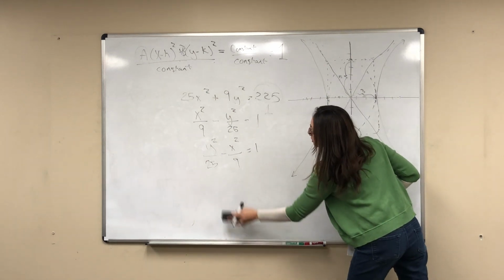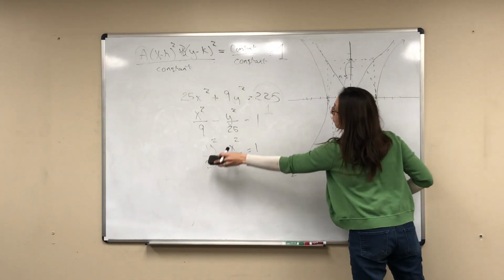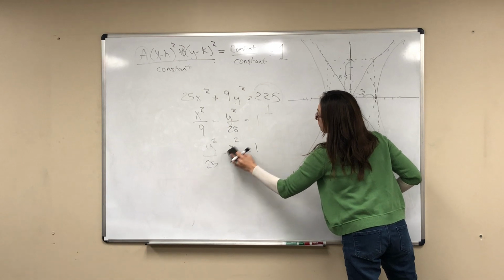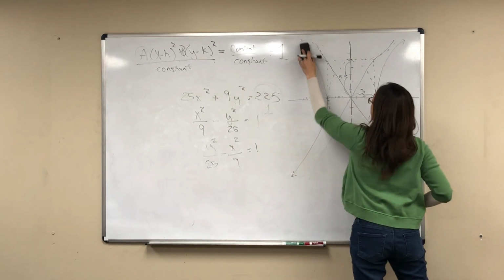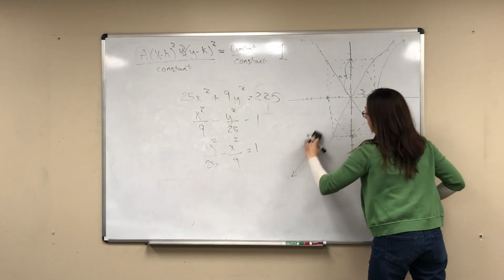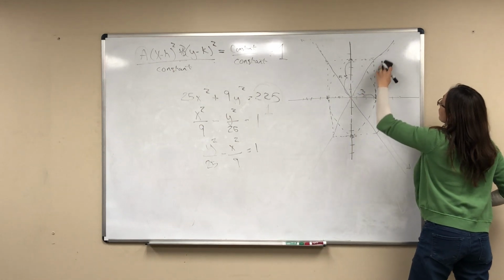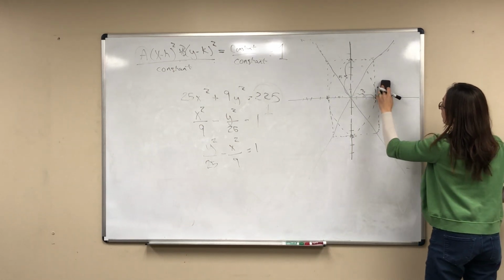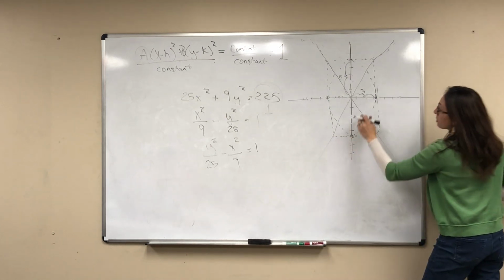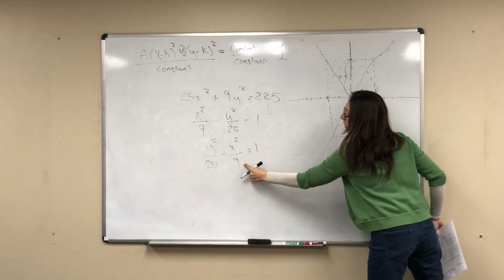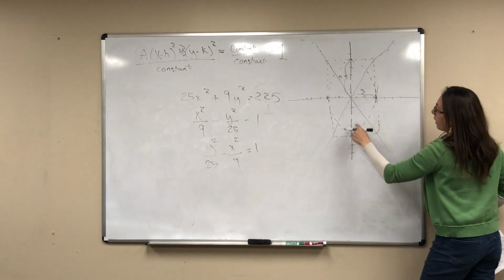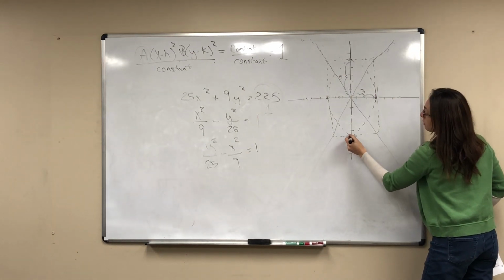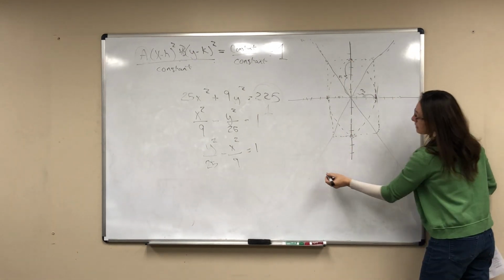Now, if we switch this around and we make the y go first, y squared over 25 minus x squared over 9, same numbers, 3 along my x-axis, 5 along my y-axis, still using my vertices.